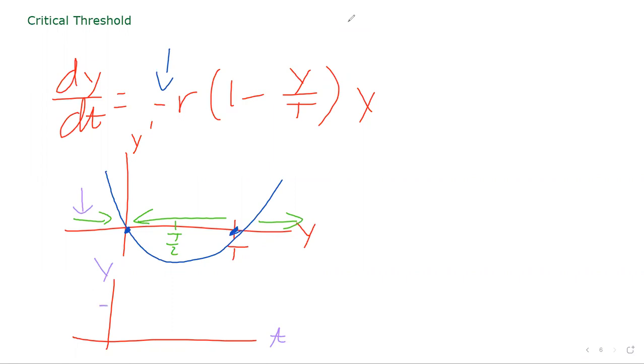So now we have our t value because we're building off of this y-axis. And we're going to draw a dotted line there. Now notice our arrows. If we are starting above t with y, we increase. If we start between 0 and t, we go to 0.